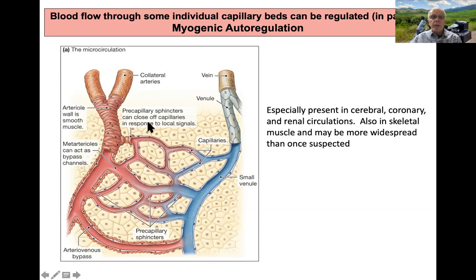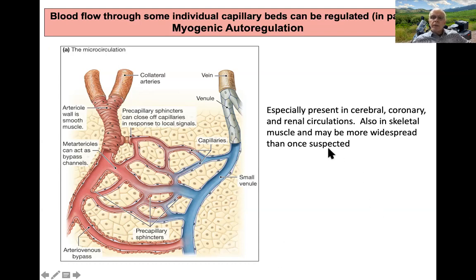So one of the things I need to point out here is these pre-capillary sphincters, okay? They're not innervated. The smooth muscle around the arterioles is richly innervated by sympathetic fibers, as I've said before. But those sphincters respond primarily to local metabolites. They can respond to circulating hormones for sure, but they're regulated by local metabolic conditions.